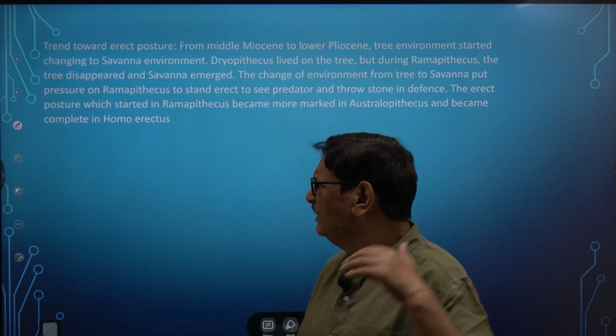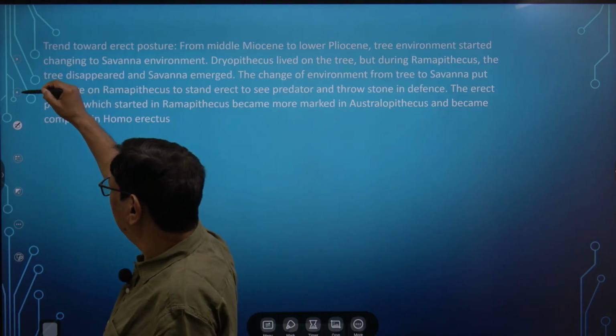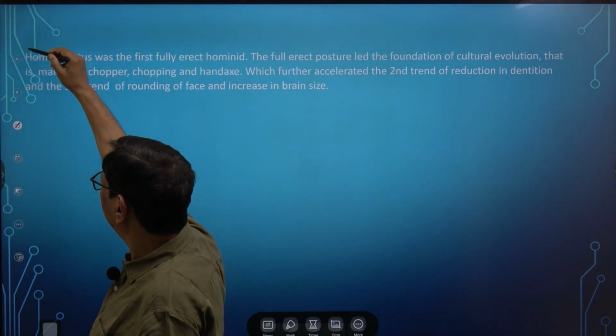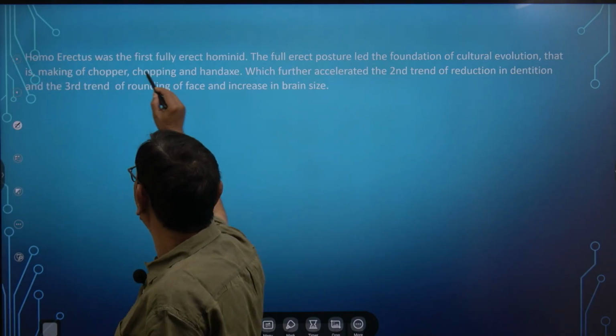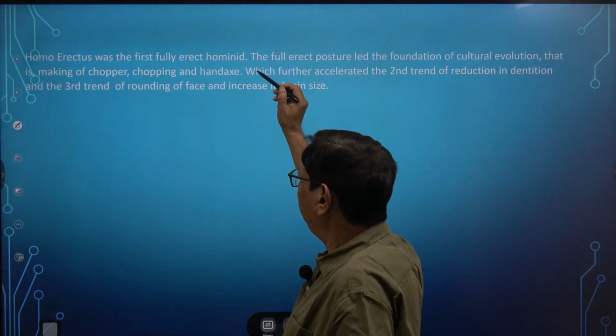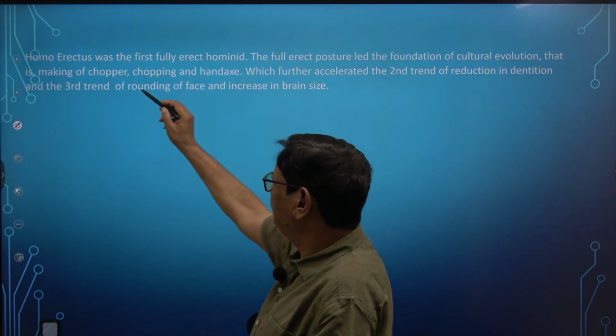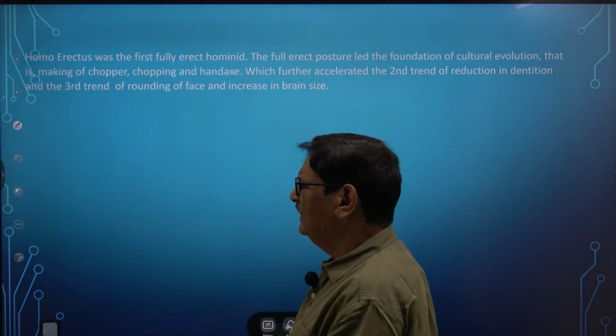Homo erectus became fully erect and used his free hand to make tools, that is, chopper, chopping and hand axe.